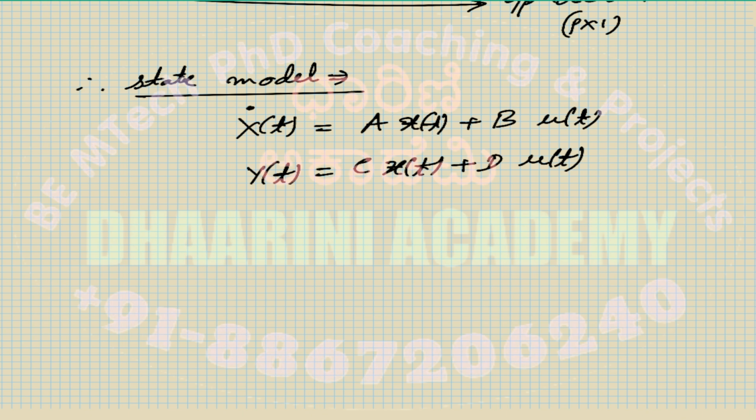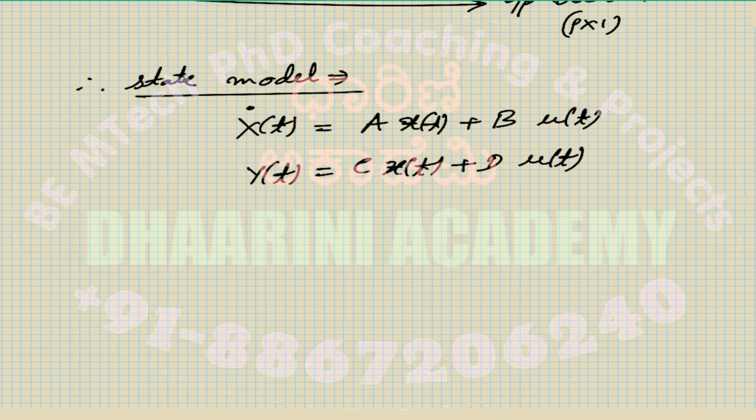But when the system becomes time variant, A, B, C, D are no more constants. They are varying with time. So we can write A of t, B of t, C of t, and D of t. Okay, right. So directly we can apply them, and we can try to write the system equations in the required form. Okay, all right. Let's move further.